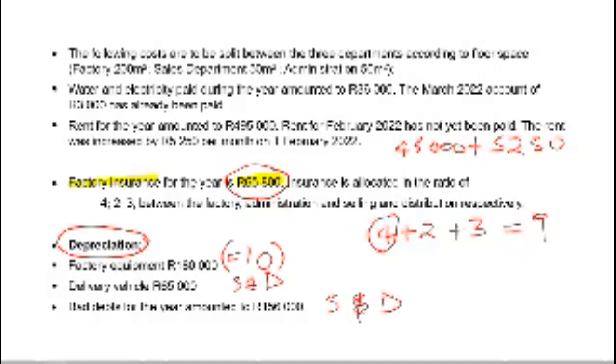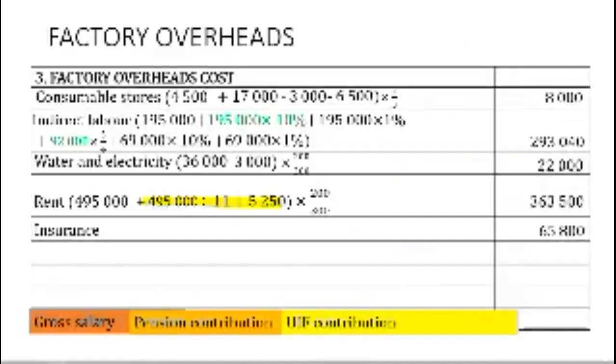So for factory overheads, we will have depreciation, which is 180,000. Because that was our last transaction, I'm simply going to add everything.